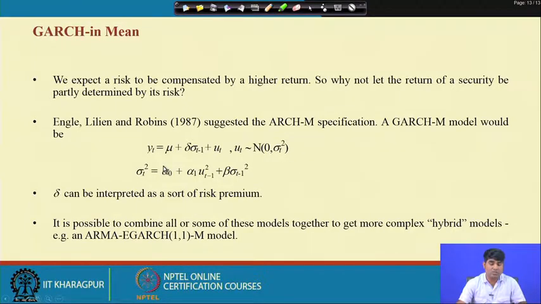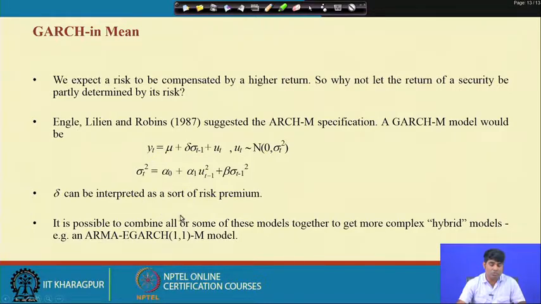Technically, the model is an ARCH-M specification, then GARCH specification. That means we start with y t, again the mean equation and the variance equation, but here delta can be interpreted as a sort of risk premium.